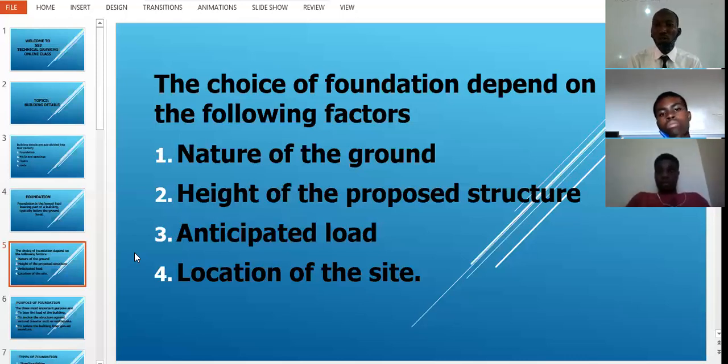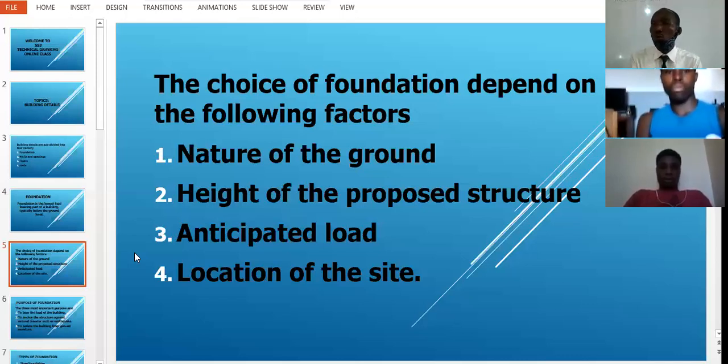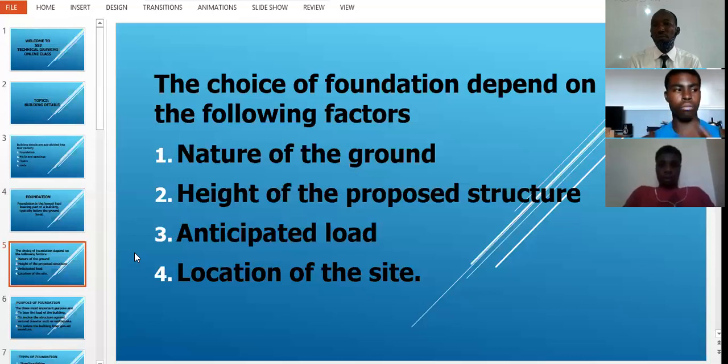So all these factors you need in place for you to choose the kind of foundation you are going to use. Then another thing is the location of the site. So these 4 factors must be considered when you are to choose the kind of foundation that you need for the proposed structure.